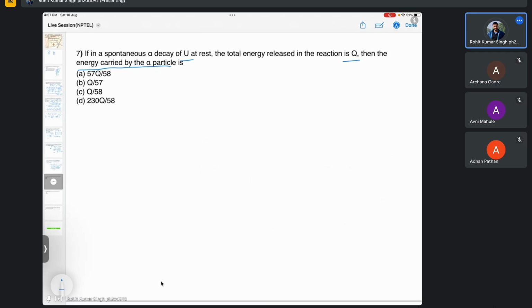So we have been provided Q for the alpha decay of uranium. It might go to thorium, and we have to find the energy carried by alpha, so basically the kinetic energy.